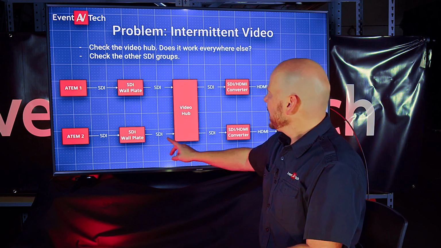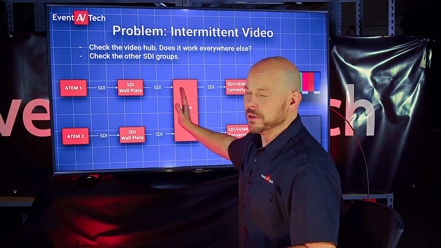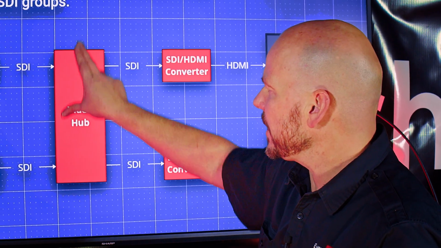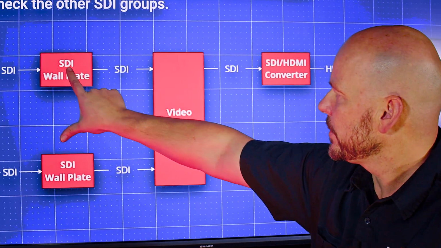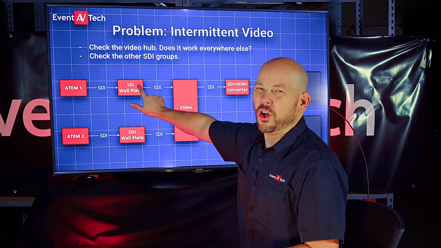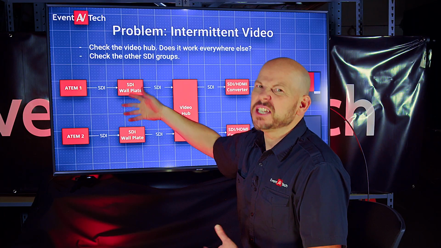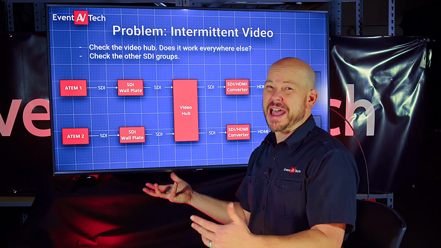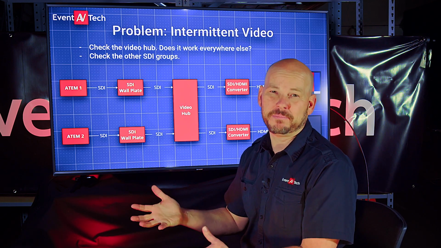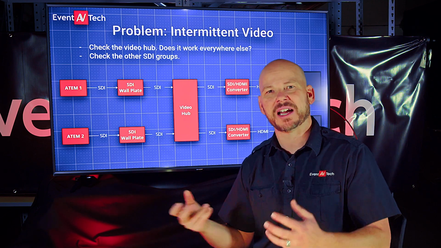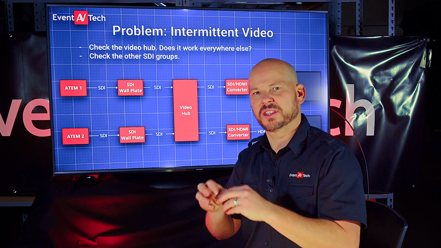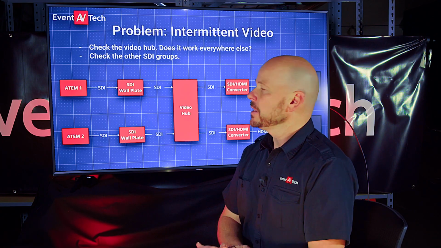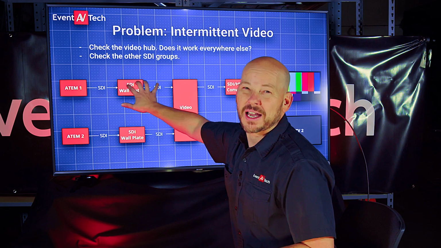If from the video hub, let's just assume that this is in a rack room, from the video hub to this wall plate, that's all in the wall, in the ceiling, in conduit, it's all protected. The chances of it going bad is slim. Now, I'm not saying it's impossible. You can get mice that get into stuff and they start chewing on things and ruin our lives, but it's unlikely that you're gonna have a problem inside of here.